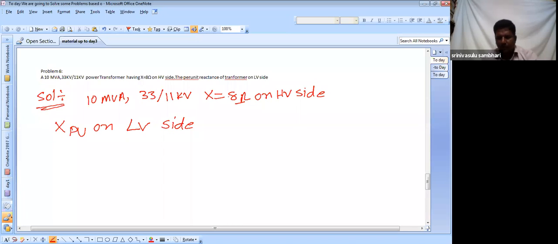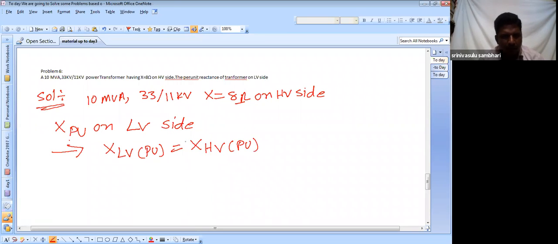Now how to do this? Based on this transformer conclusion, can I write like this? XLV per unit should be equal to XHV per unit.